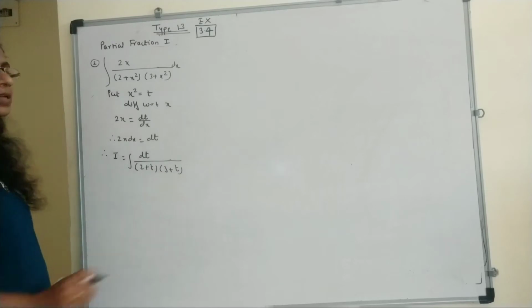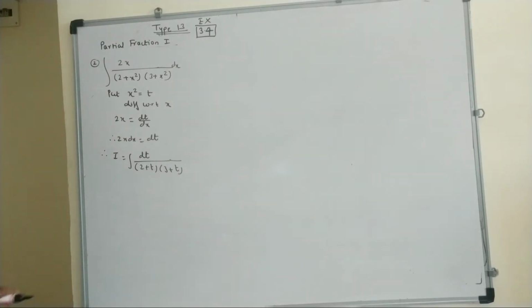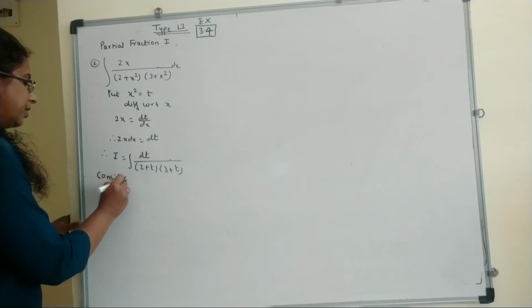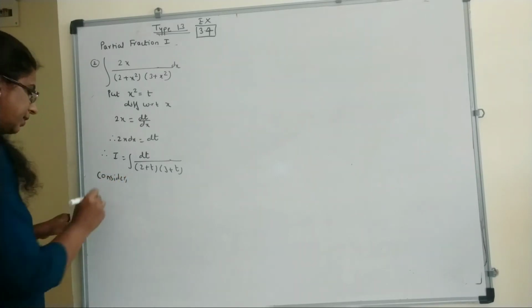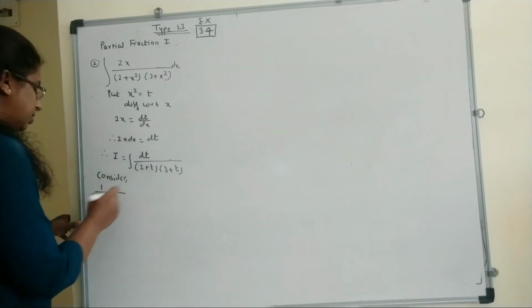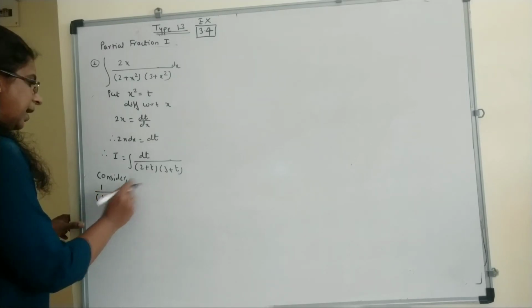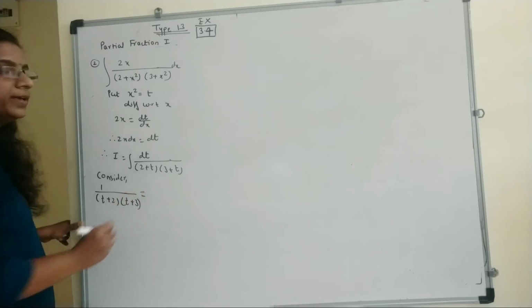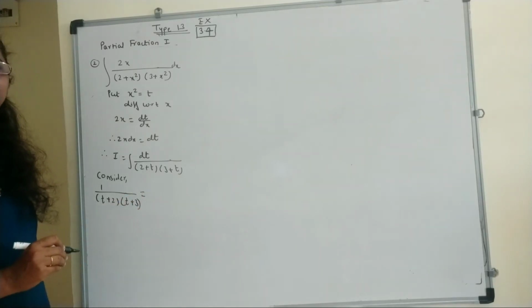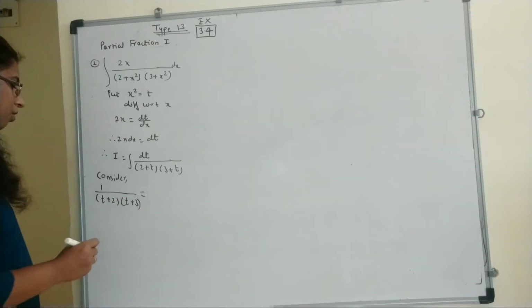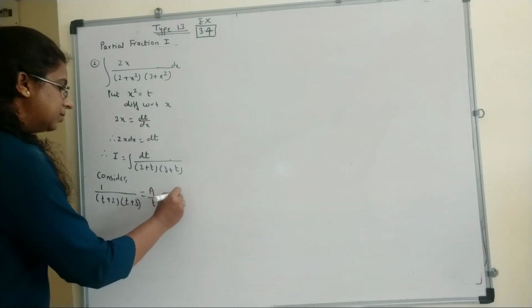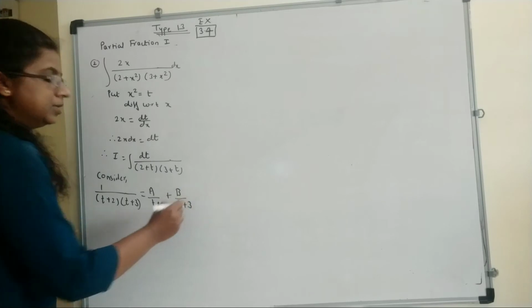Now the factors are linear, so we'll consider the partial fraction method. Consider the integrand separately. The integrand is 1 upon 2 plus t, which means t plus 2, and 3 plus t, which is t plus 3 only. Two linear factors are there, so this integrand is written in the form of a upon the first factor plus b upon the second factor.